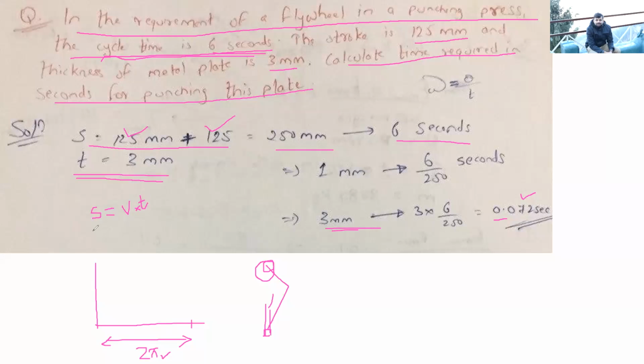In terms of angular motion, theta is the angular distance traveled, and theta equals angular speed, omega, multiplied by t, the time taken. So that's why omega is equal to theta by t.